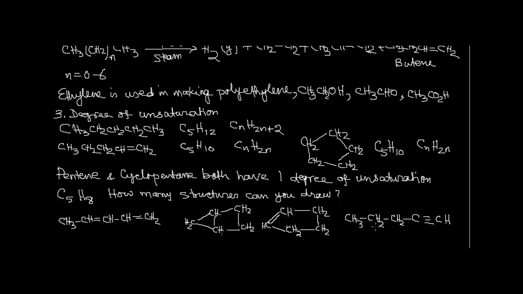I'm talking about the degree of unsaturation. So this one is 3 plus 2, 5 plus 2, 7, and then hydrogen 8. So this is also C5H8. So I can draw 1, 2, 3, 4 structures, and all of them have 2 degrees of unsaturation.